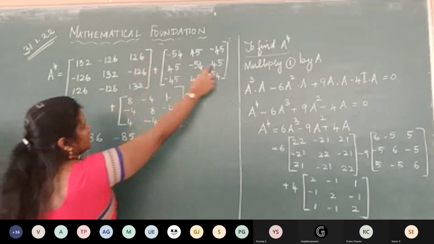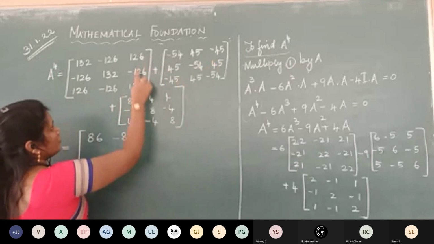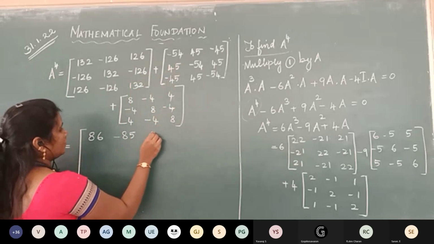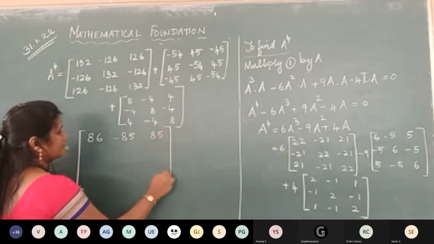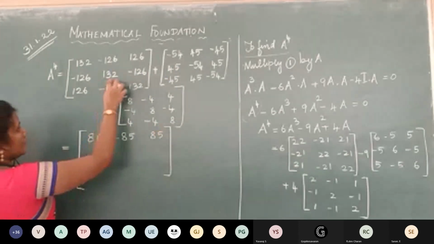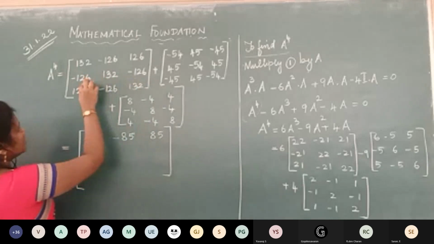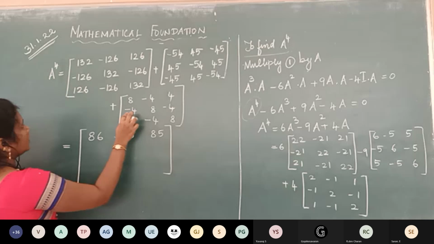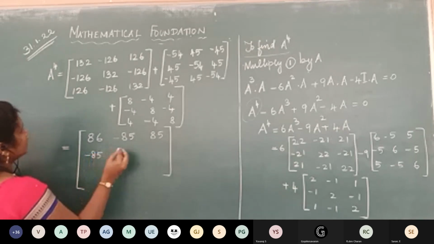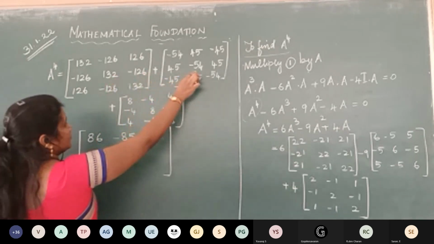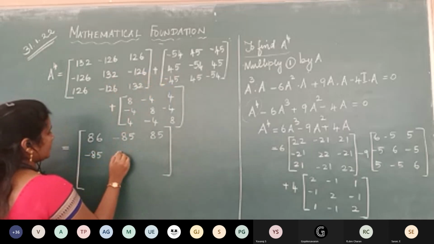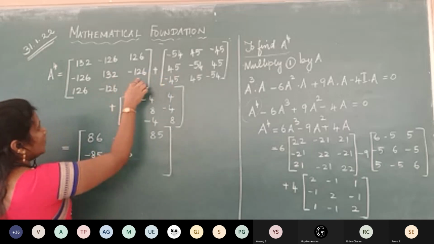Then minus 126 plus 45 minus 4. So 126 plus 4 will become 130, minus 45, that is 85. Okay. So 132 minus 54 plus 8. So 140 minus 54, which will become 86.